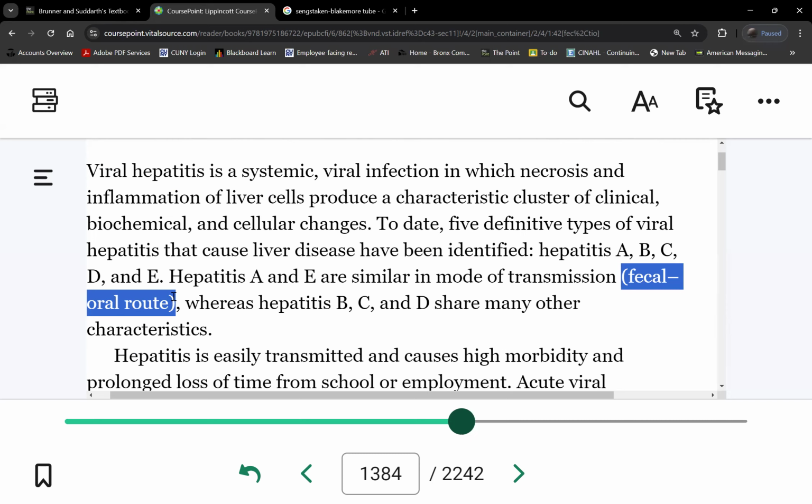So therefore, do you assume there are microscopic fecal material in the vagina? Yes, you may not admit, but yes, there is. So therefore, when someone has oral sex on an infected female, can they contract hepatitis A or E? Yes. Are we clear? All right.